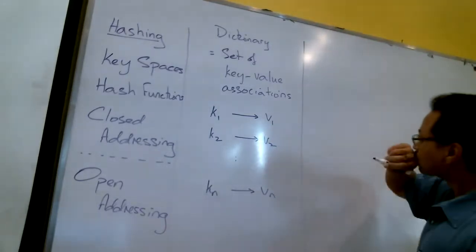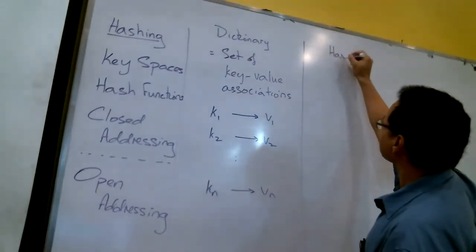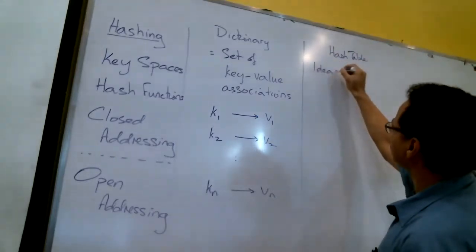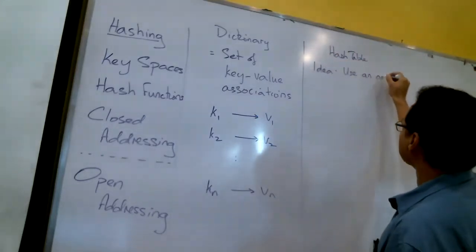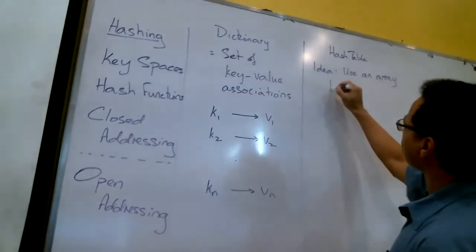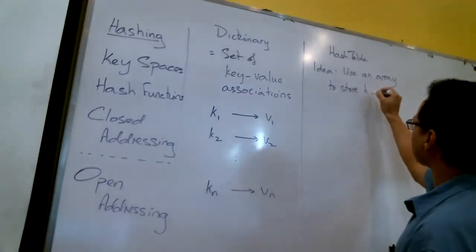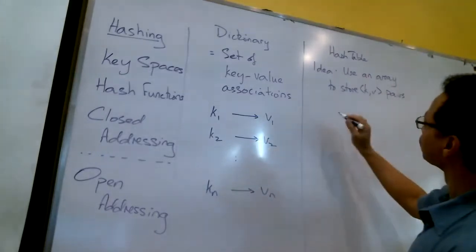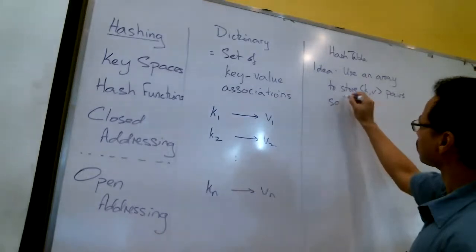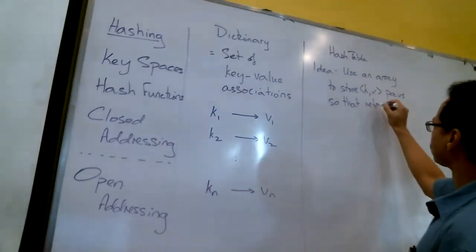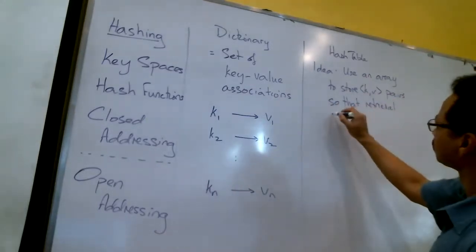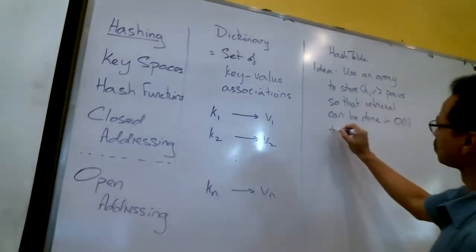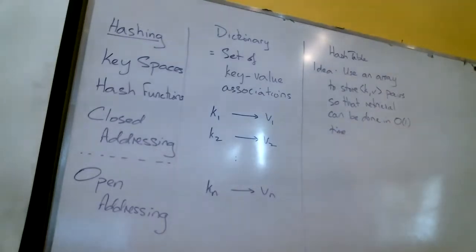So the idea is to use an array to store key value pairs so that retrieval can be done in order one time.